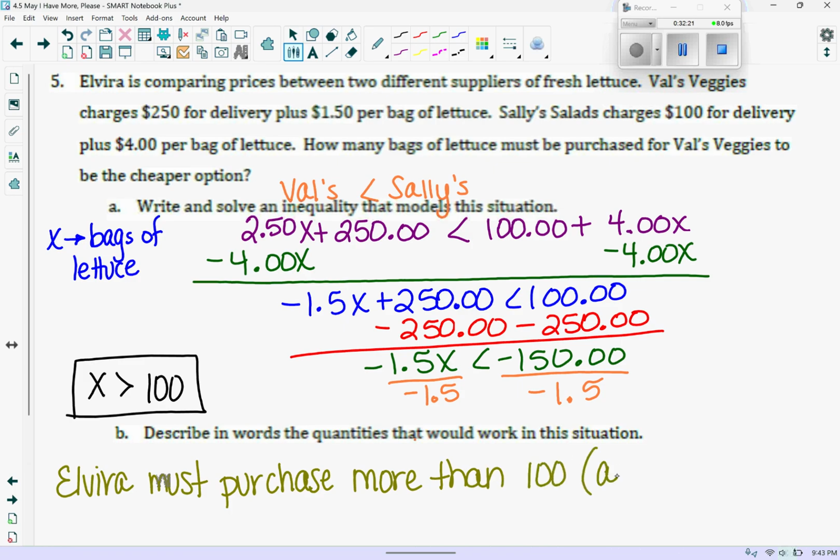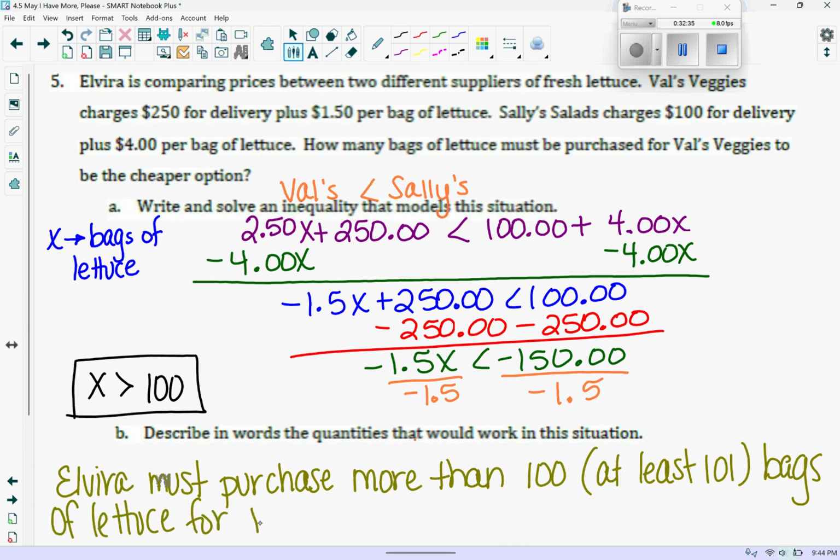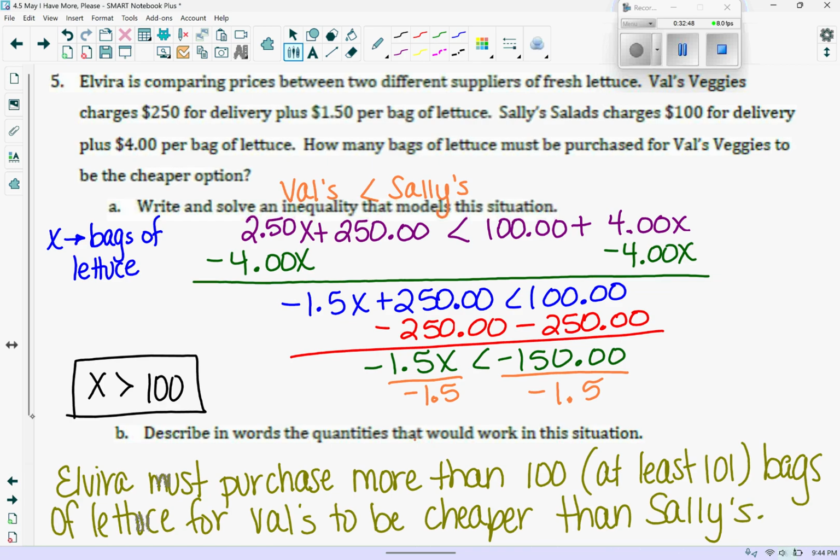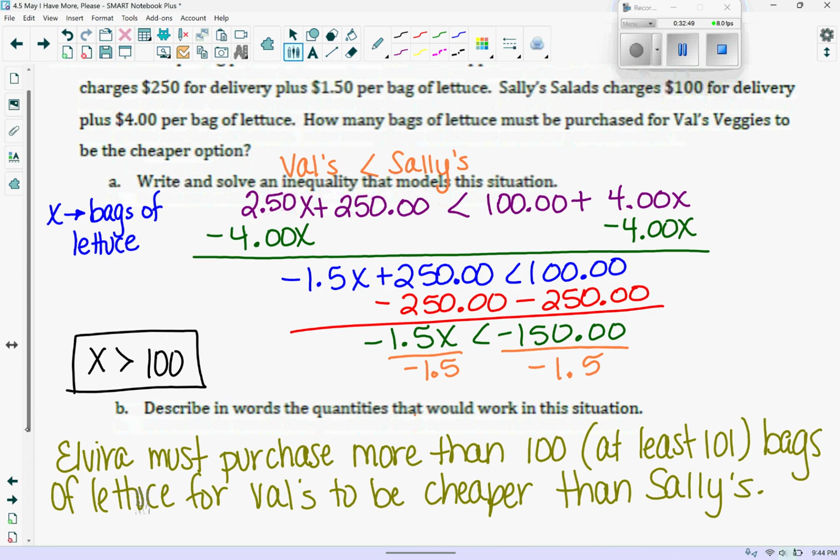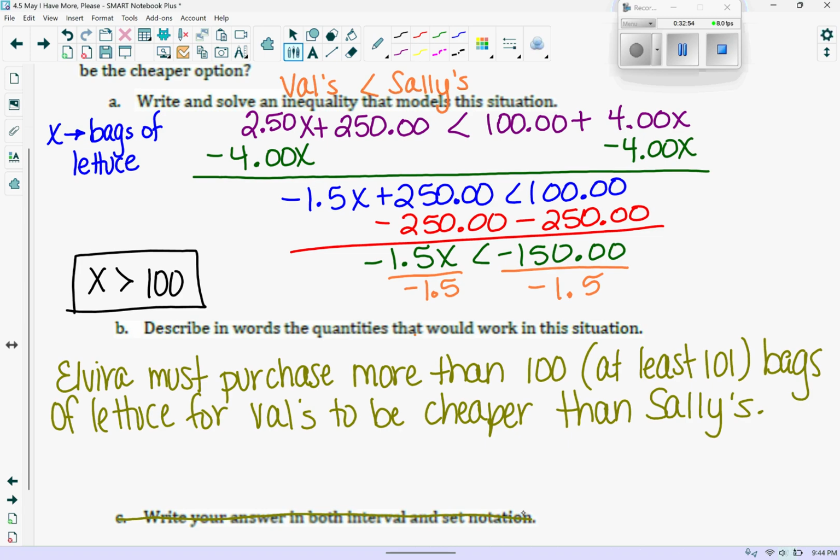So I'm going to put in parentheses at least 101 bags of lettuce for Val's to be cheaper than Sally's. All right. And again, mark out part C. Pause it if you need to. I'm going to keep moving.